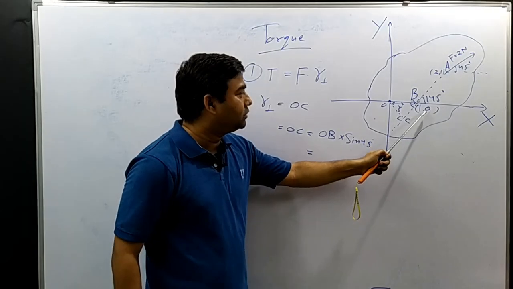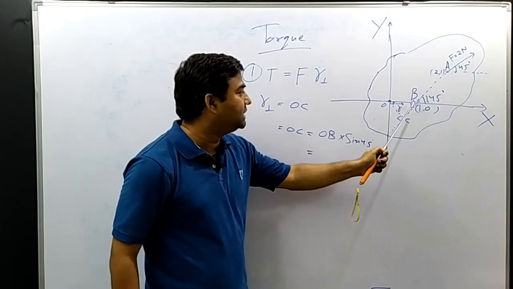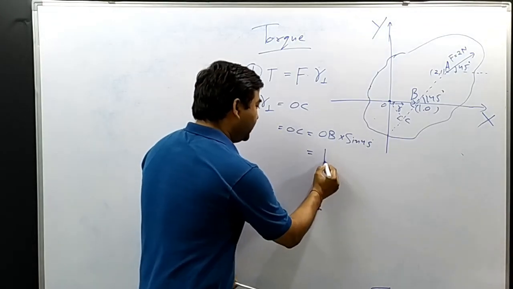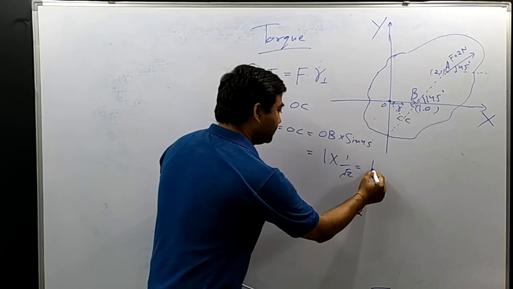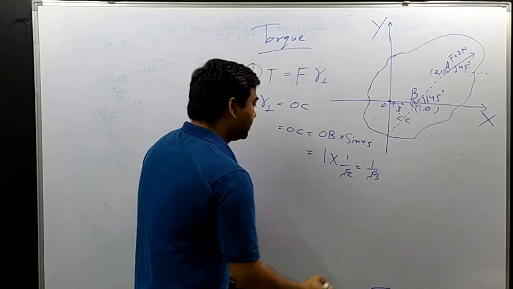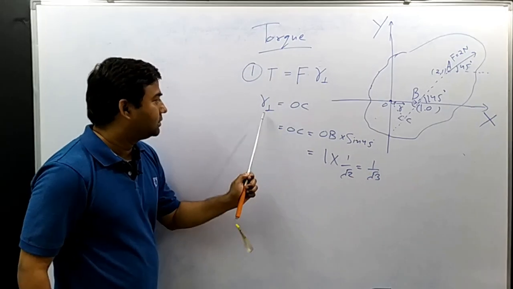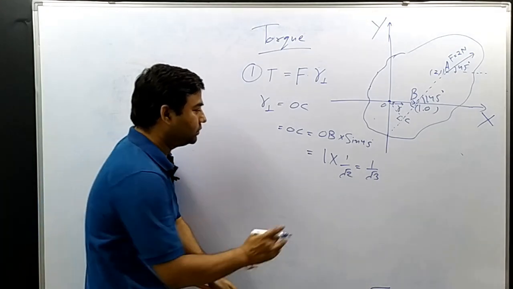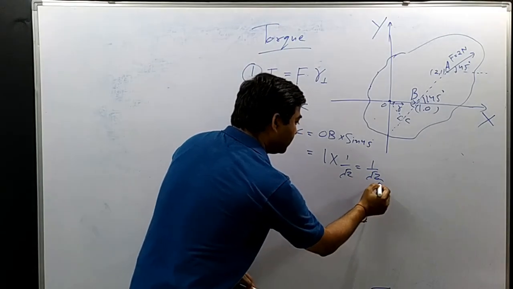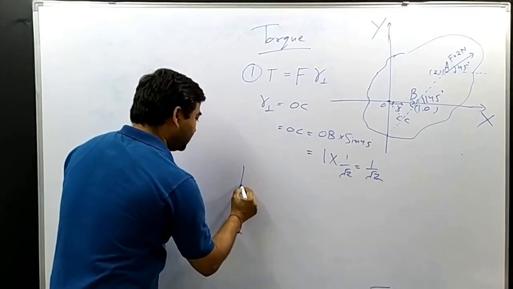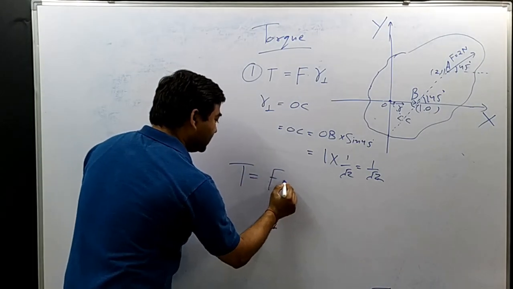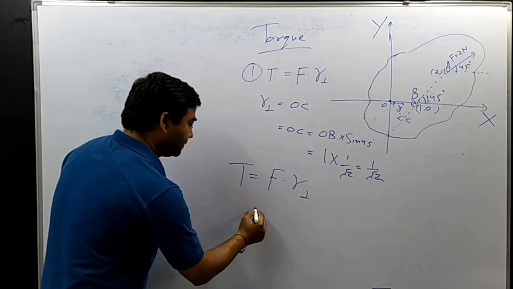Point B has coordinates (1, 0), so the distance OB is 1. So 1 into 1 upon root 2, that is 1 by root 2. So the arm of lever is 1 by root 2. So torque is equal to force into arm of lever.